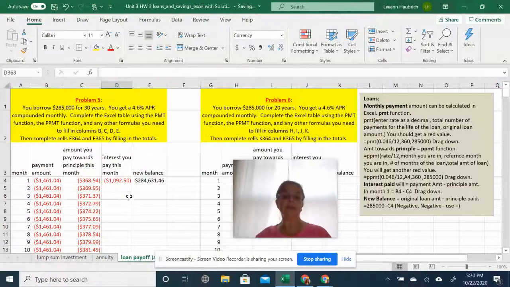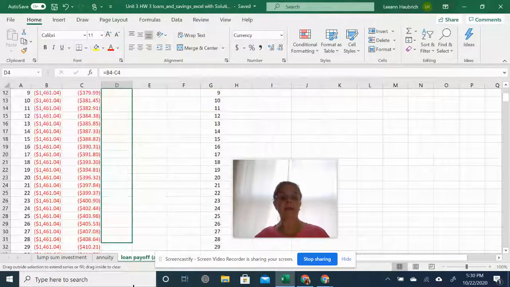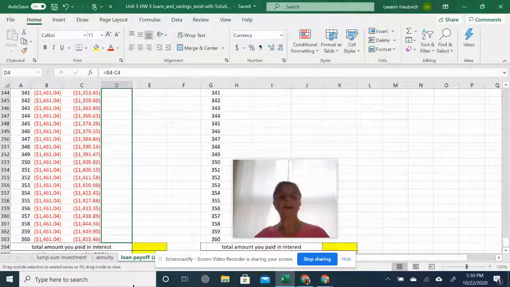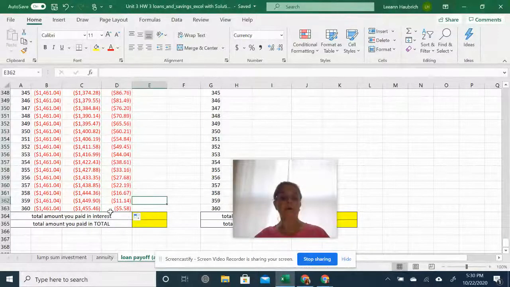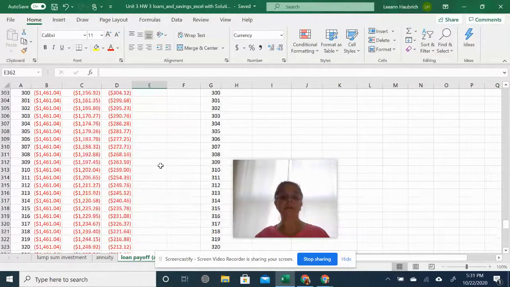So to get the interest for every single month, Excel will recognize the pattern or the formula we put in, drag it all the way down to 360 months, and let it go. So of that very last payment, only $5.58 went towards interest.